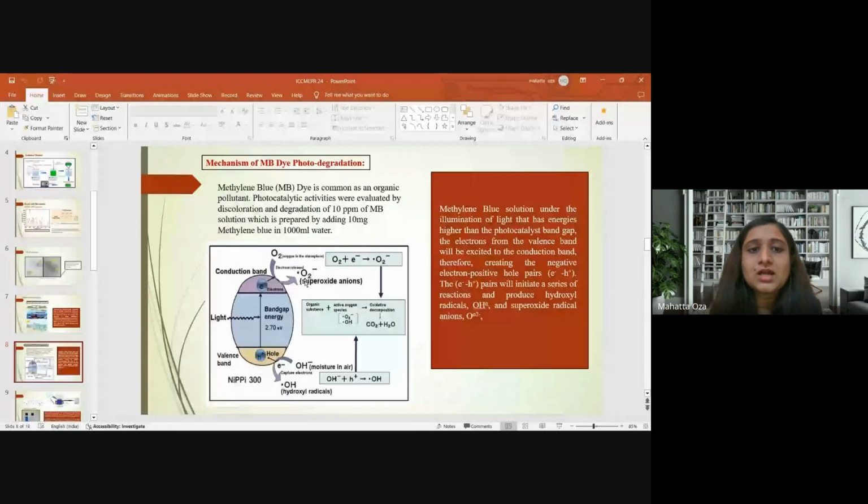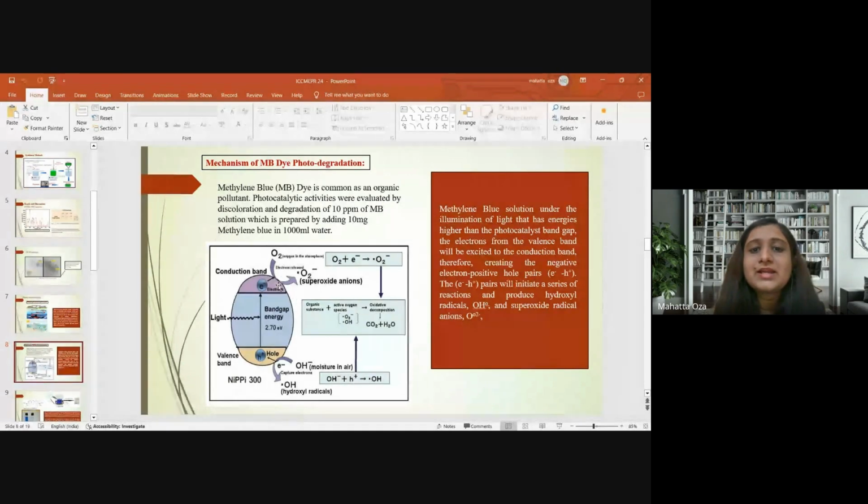Now, I will briefly explain the mechanism of MB dye photodegradation. Methylene blue solution, under the illumination of light with energy higher than the photocatalyst band gap, the electrons from the valence band are excited and go into the conduction band, and therefore it will create electron-hole pairs, and these pairs will initiate a series of reactions and produce hydroxyl and superoxide radical anions.